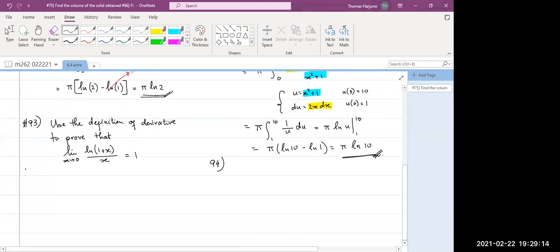The technique of finding the derivative here is actually quite common, especially at the basic level. We will do it this way. Let f(x) equal ln of 1 plus x. Now notice that f(0) equals ln 1, which is 0.